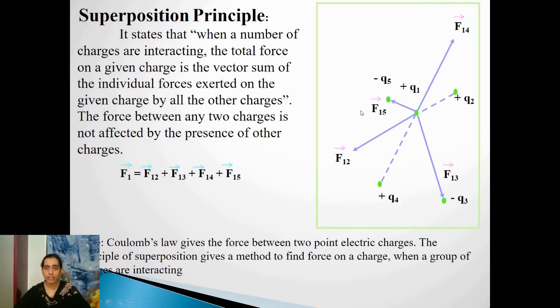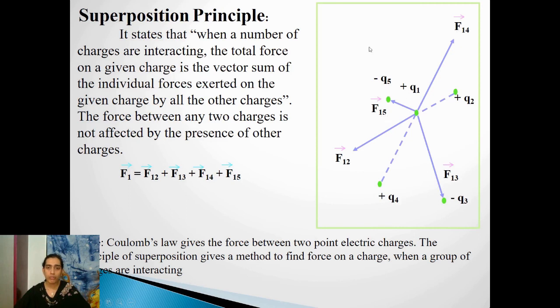Say for example, in this case there are many charges Q1, Q2, Q3, Q4 and Q5, right? If I consider the force acting on the charge Q1, it will simply be the vector sum of all the forces exerted by the other charges. The force due to Q2, that is F12, plus the force due to Q3, that is F13, plus the force due to the fourth charge Q4, that is F14, plus the force due to the fifth charge, that is F15.